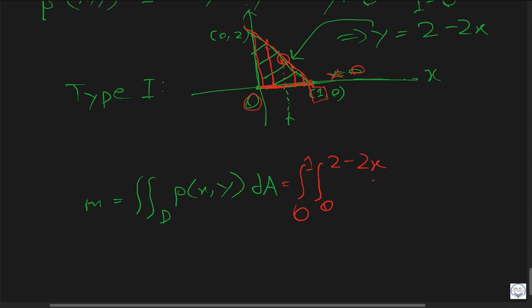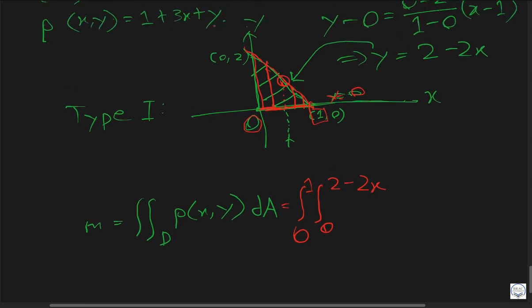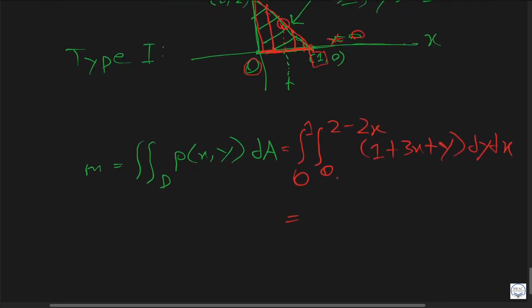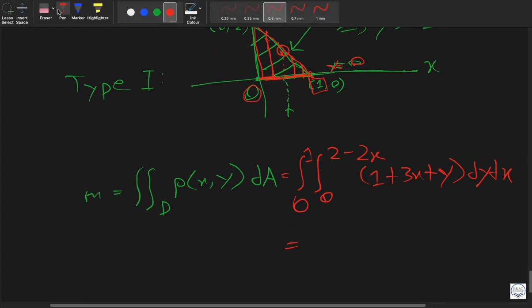Now our density function is 1 plus 3x plus y. The first integral we do is with respect to y, the second integral we do is with respect to x, because this is how type 1 is set up.